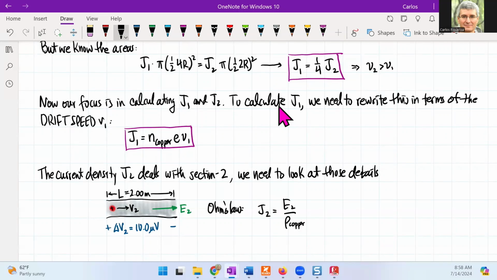So the only thing we have to do is calculate that electric field. But we know how to calculate the electric field because it's the slope of the potential, divided by the resistivity of copper. So now here is J2.